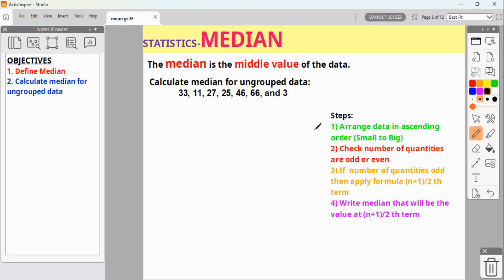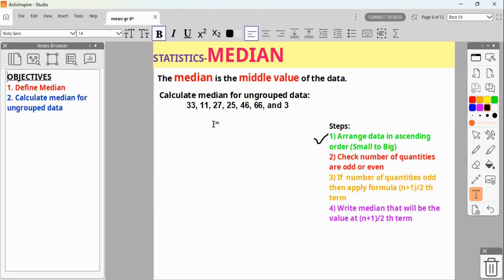First of all, arrange data in ascending order, small to big. So I'm going to arrange data small to big in ascending order. The smallest number here is 3, then 11, then 25, then 33, then 46, in the last 66.